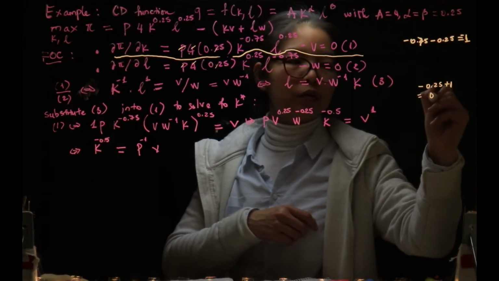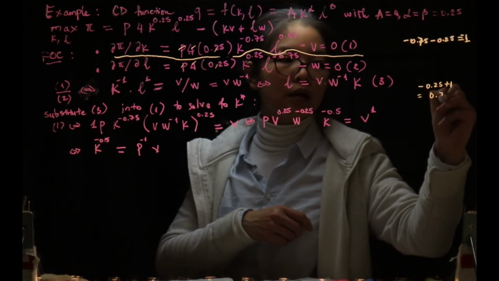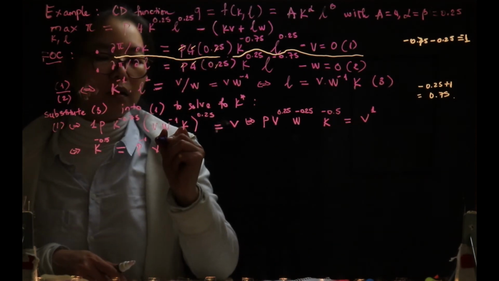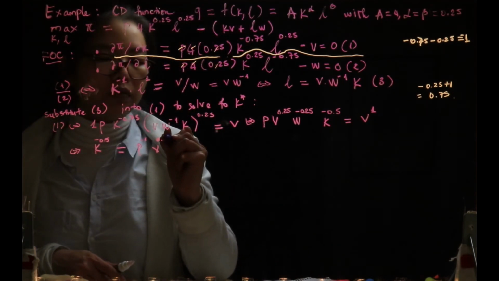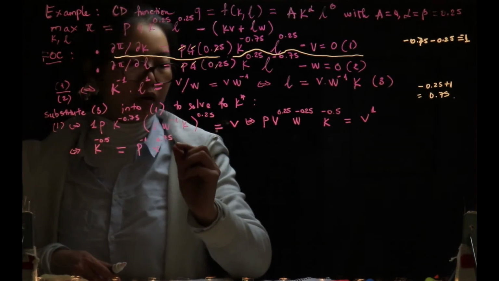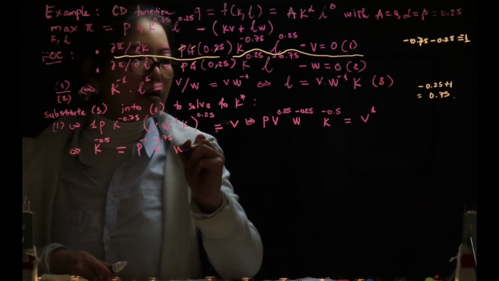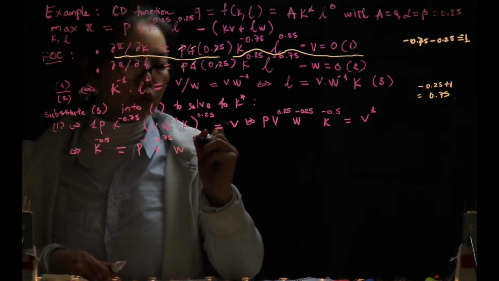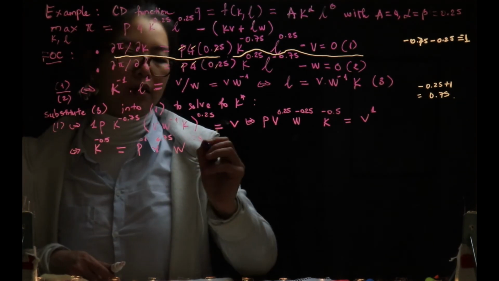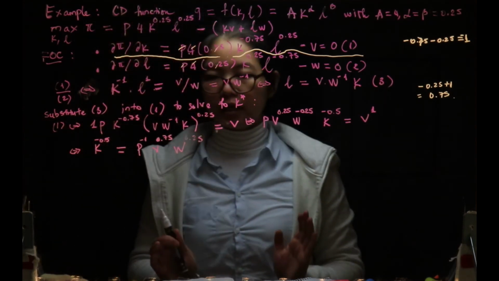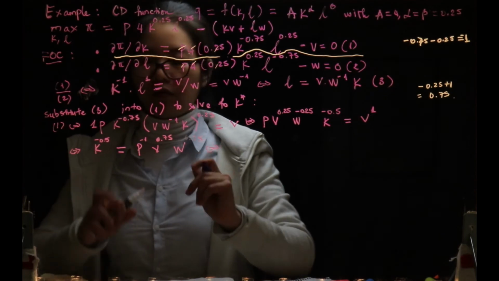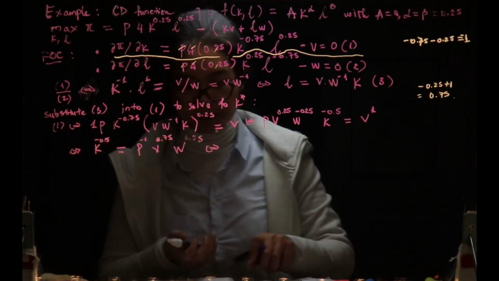So at the end it will be 0.75, right? Alright, very good. Times W, just switch the sign, 0.25. Yeah? And now the next step, we want to get rid of this exponent of K.